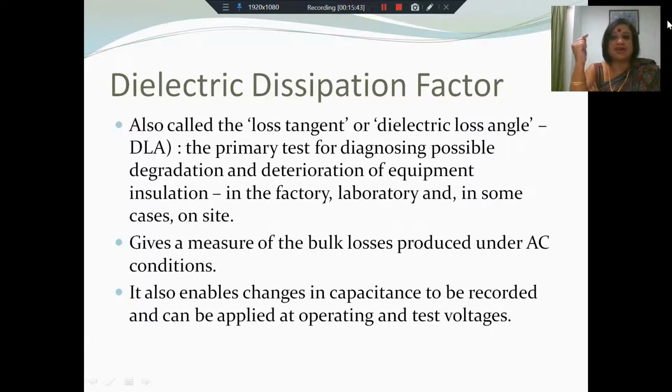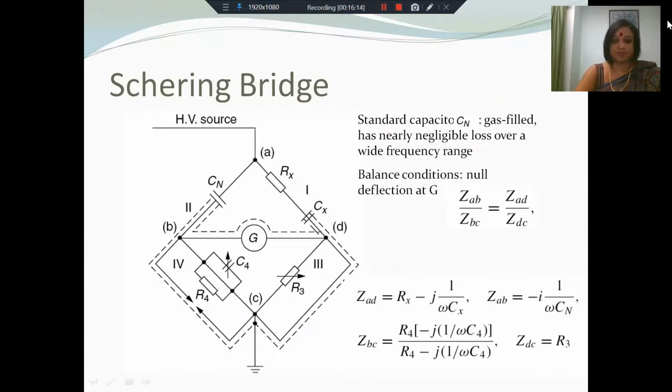Maybe it stays steady for some time and then slowly increases, and then you see a sudden knee in the plot. There is a sudden change in the slope of the loss with voltage, in which case you would suspect that there is something wrong and you need to take corrective action.